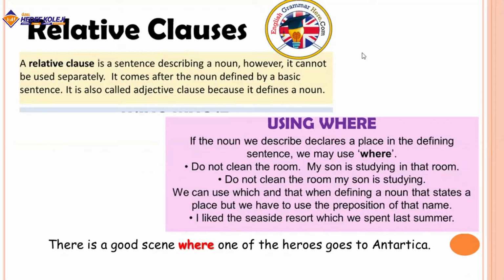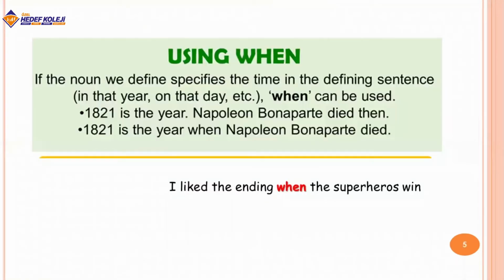Okay, and let's continue. When. If the noun we define specifies a time in a defining sentence, like in that year, on that day, in that season.